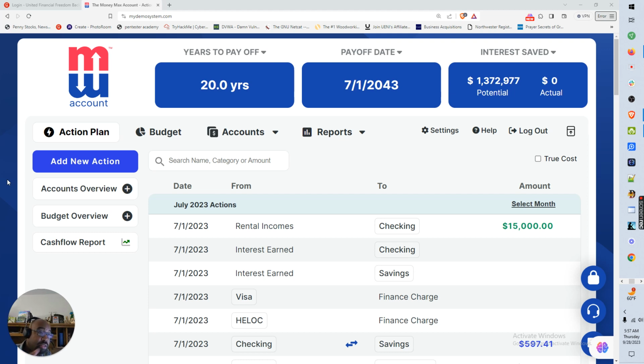Well, let me direct your attention to the amount of interest that they're going to be saving. $1,372,977 saved. They're actually going to be saving over $1 million in interest. So do you have to utilize velocity banking?